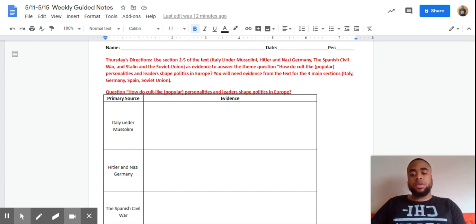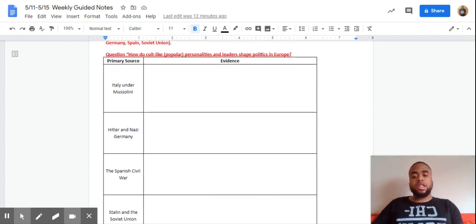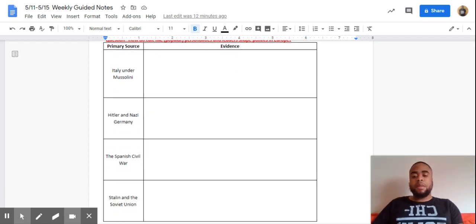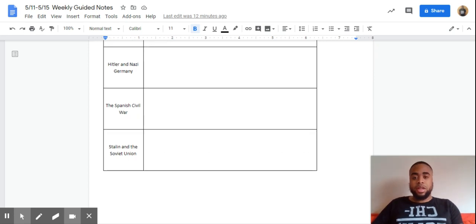The same thing happens in Germany with Jewish people. The Jewish people in Germany were forced to live different lives from Germans because they weren't considered pure. You're going to see more in the text about this hateful and dangerous ideology. The same happens in Spain, and the same thing happens in the Soviet Union, which is present-day Russia.